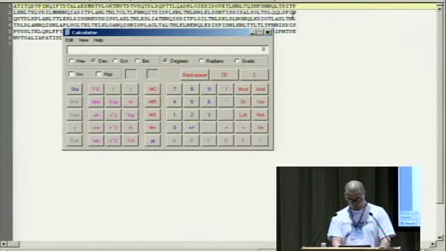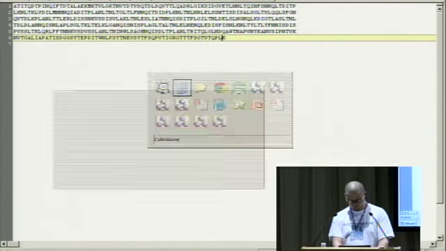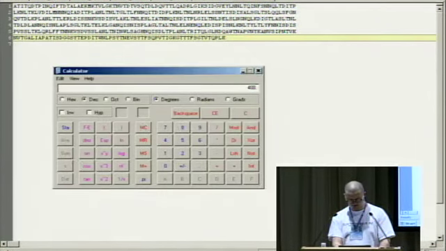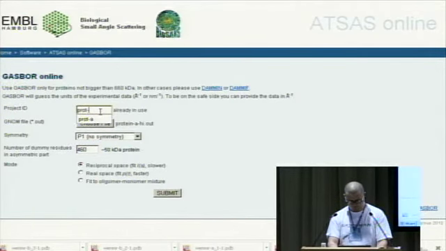So 1, 2, 3, 4, 5 multiplied by 80 plus 60. So it's 460 residues.